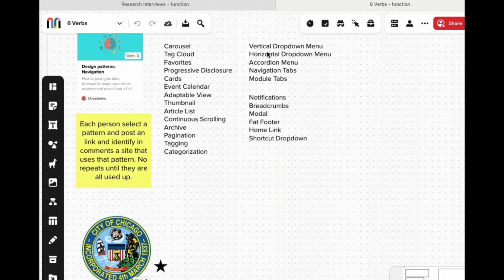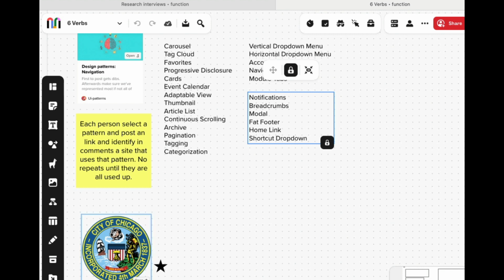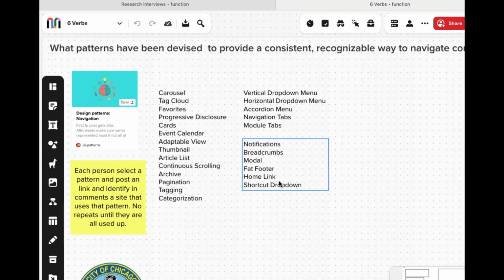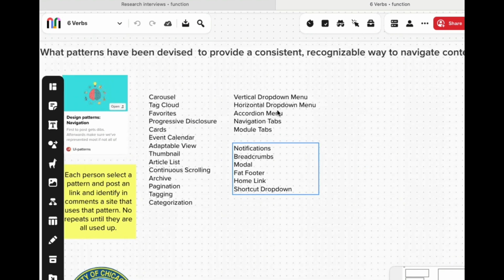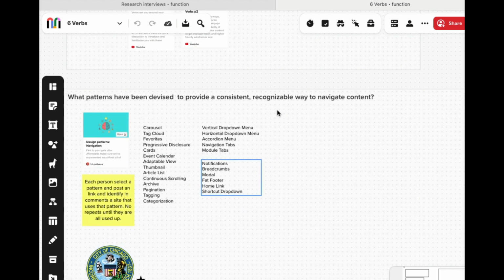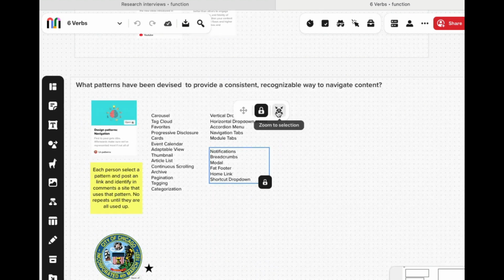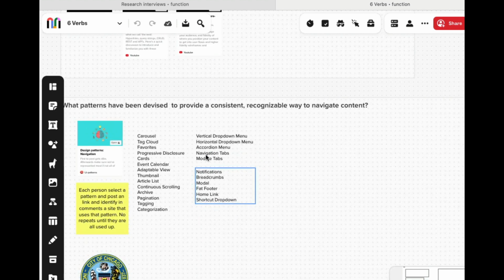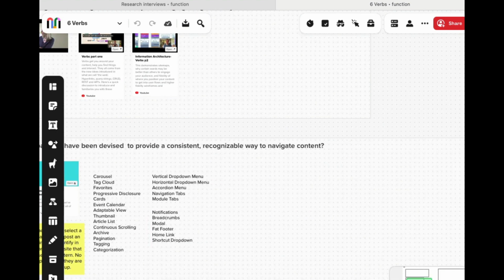You pick one, and I would like you all to pick a different one. So you just put the word here and put your name or something like that. You're just looking to see, can I discover these things? Because you will use them, since you're going to start to draw, and you'll need to figure out where you put your navigation items. So that's what this exercise is about.